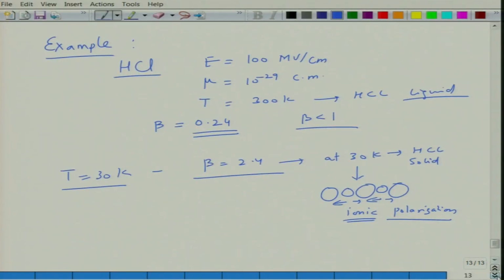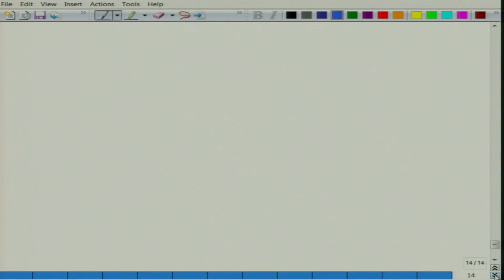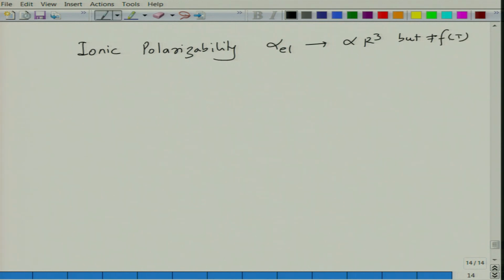Now, just to summarize, you have three polarizabilities. You have electronic polarizability, which is proportional to R cube, but is not a function of temperature.